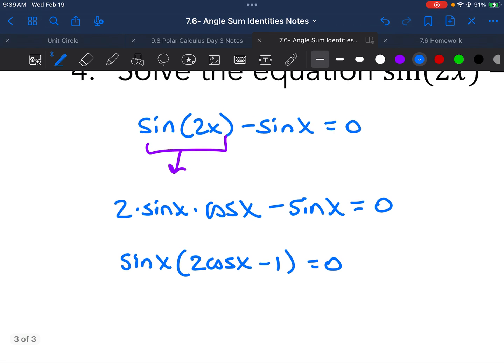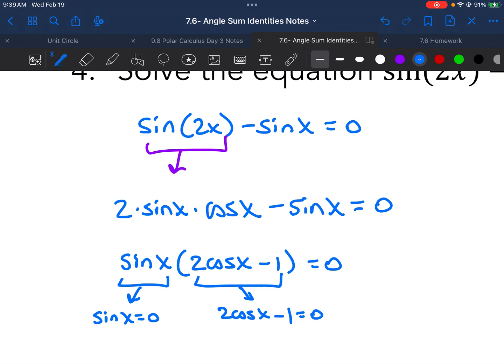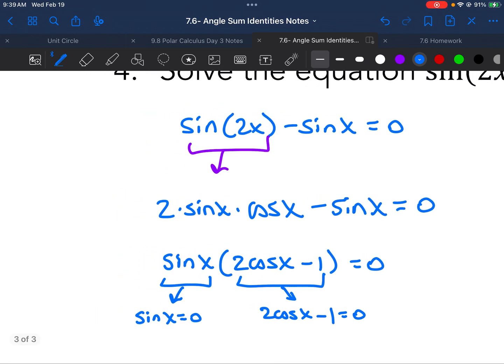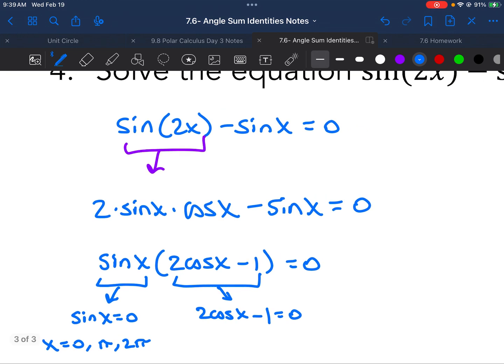Now, take these two factors, separate them individually. Sine of x equals 0. 2 cosine x minus 1 equals 0. Sine of x is equal to 0 when x is 0, pi, and 2 pi. Right here, we would add the 1 over and then divide by 2.